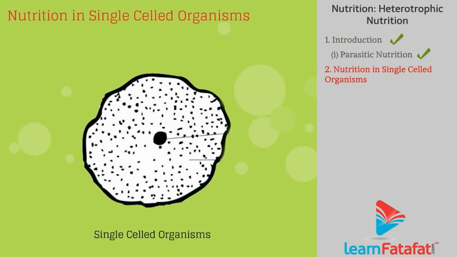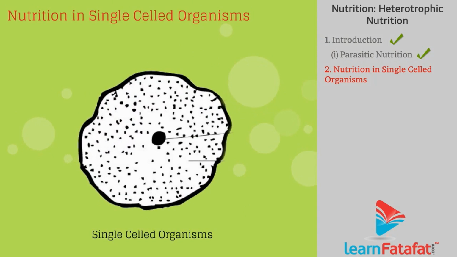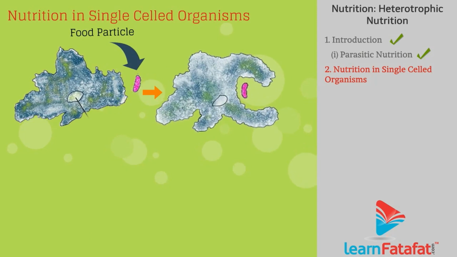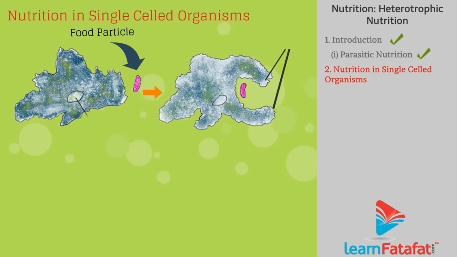Nutrition in single-celled organisms. Single-celled organisms use the cell surface to take the food inside the cell. For example, amoeba spreads finger-like structures, that is pseudopodia, around a food particle to form a food vacuole.